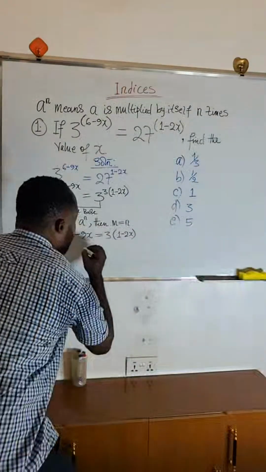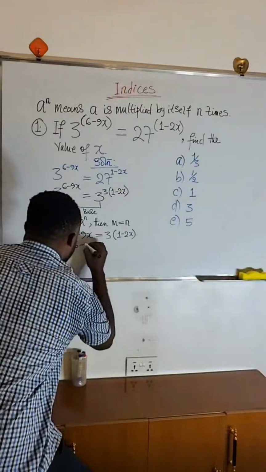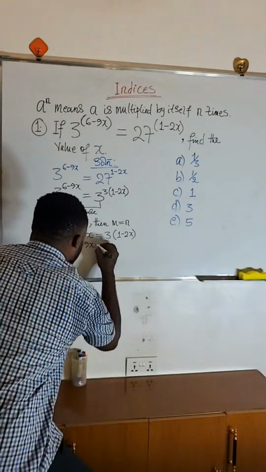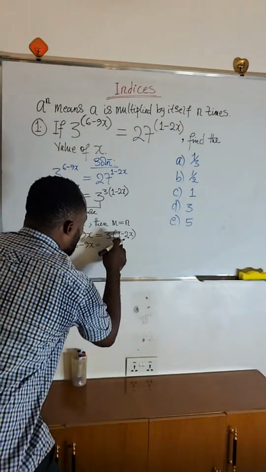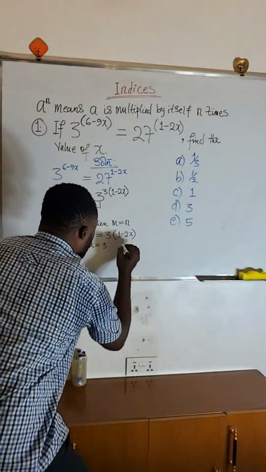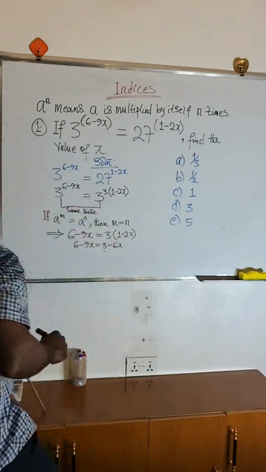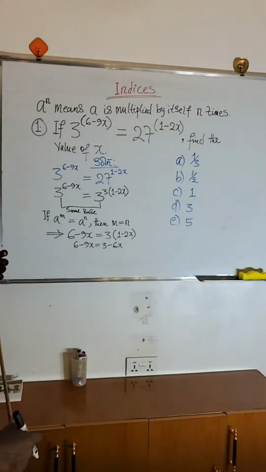From there, 6 minus 9x equals 3 times 1 is 3, and 3 times minus 2x is minus 6x. Can you see that?